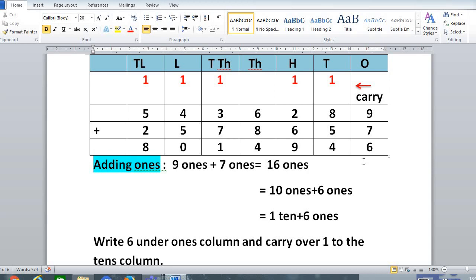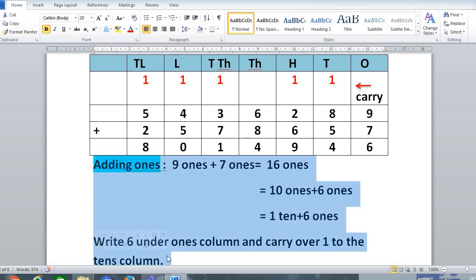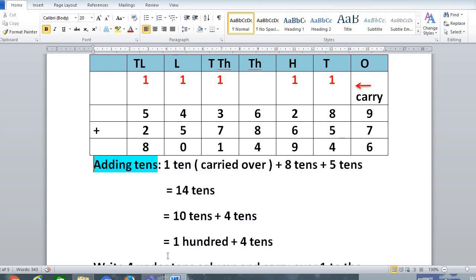But can you write 16 ones here? No. But we can write 16 ones like this: 10 ones plus 6 ones. 10 ones means 1 ten plus 6 ones. So we write the 6 under the ones column, and carry over this 1 ten to the tens column. So after adding the ones column, we move to the tens column.